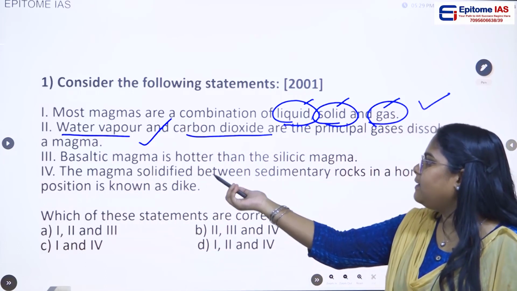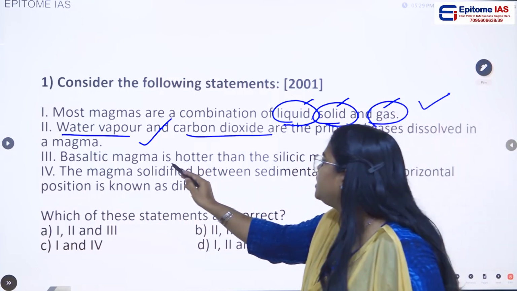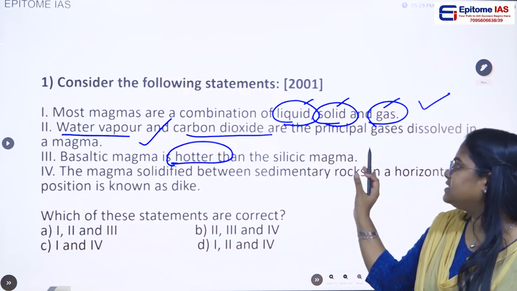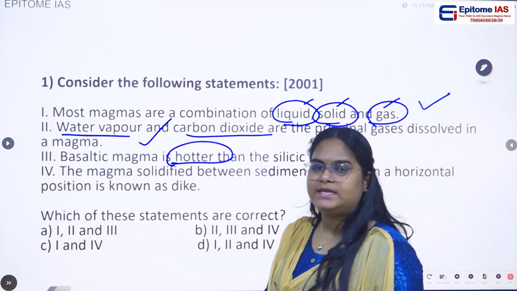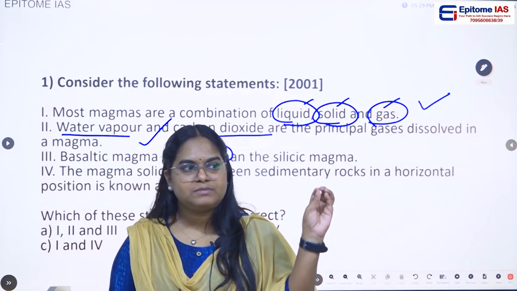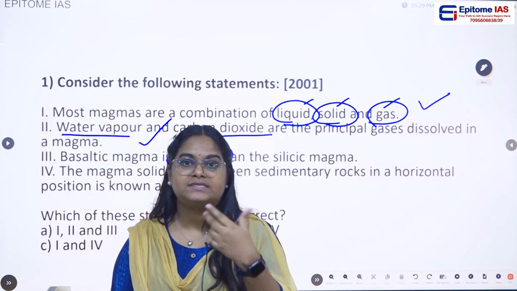Then statement 3, basaltic magma is hotter than the silicic magma. Basically there are two types of magma: one is the basic magma, the other is the acidic magma.